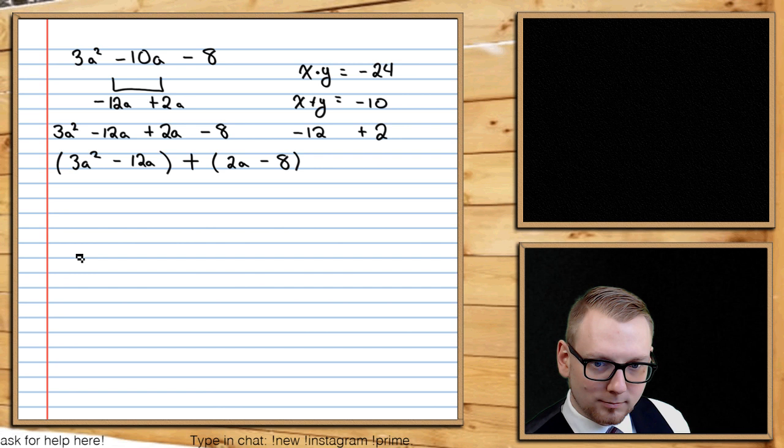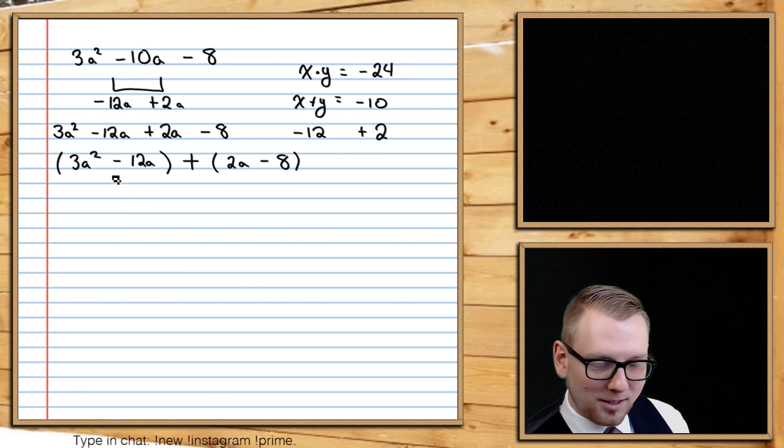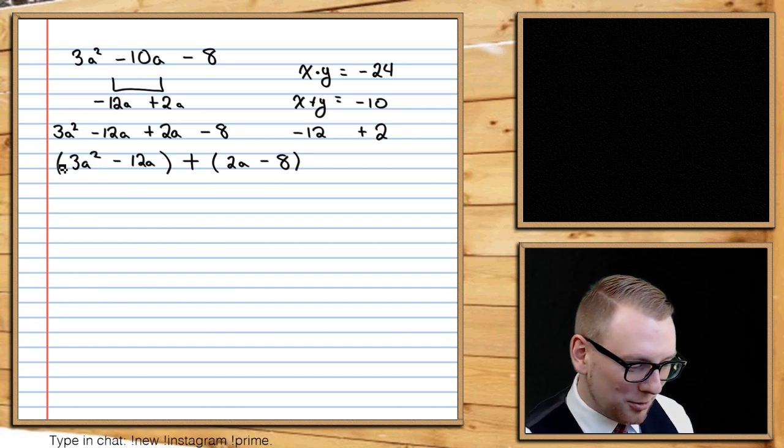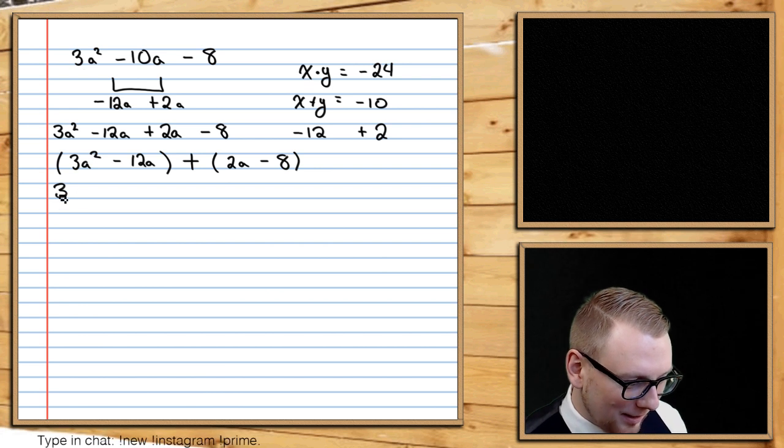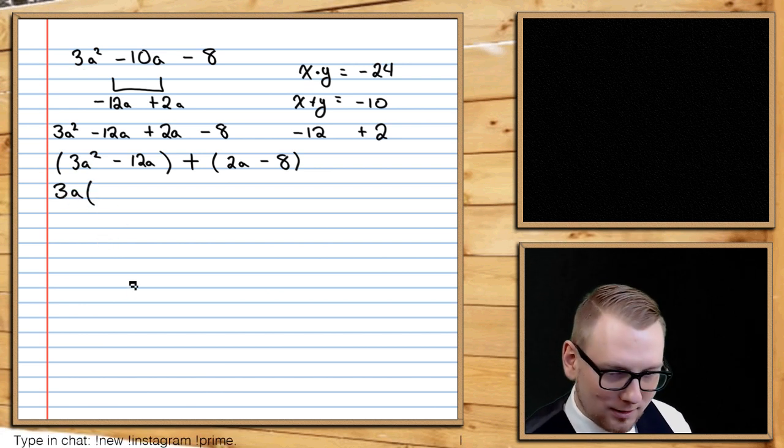The A's, yep, there's the A's, but there's also a 3. Well, you messed up a little bit. You can take out the 3a. So then what do you have left on the inside?